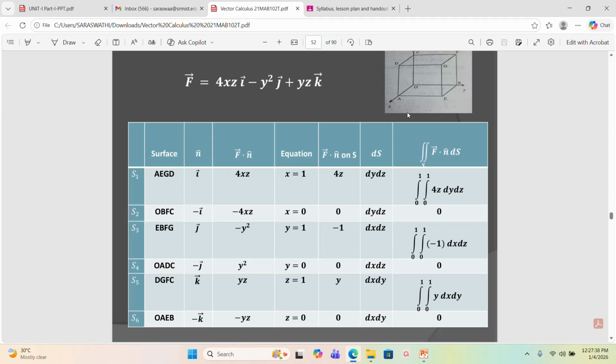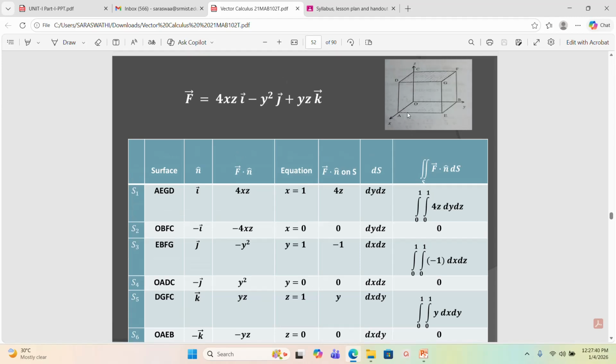Okay, now one by one we can see all the unit normal vectors, the ds value, and the double integral limits. So first, surface A, E, G, D.